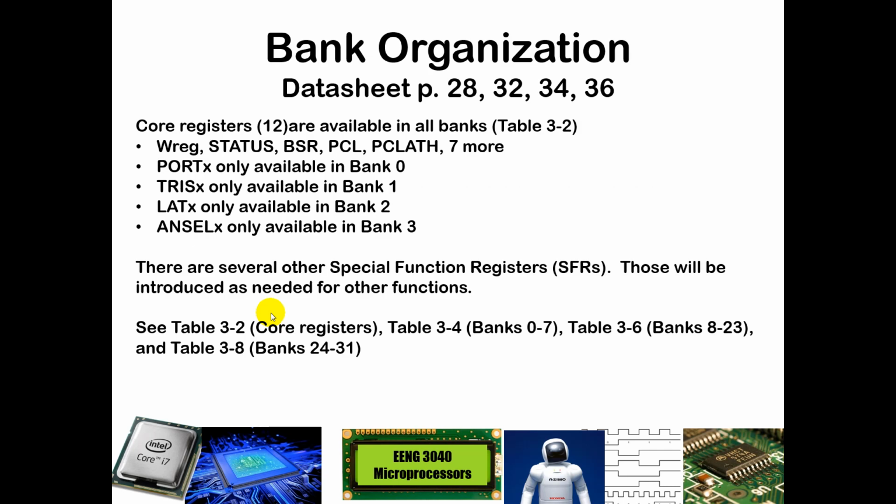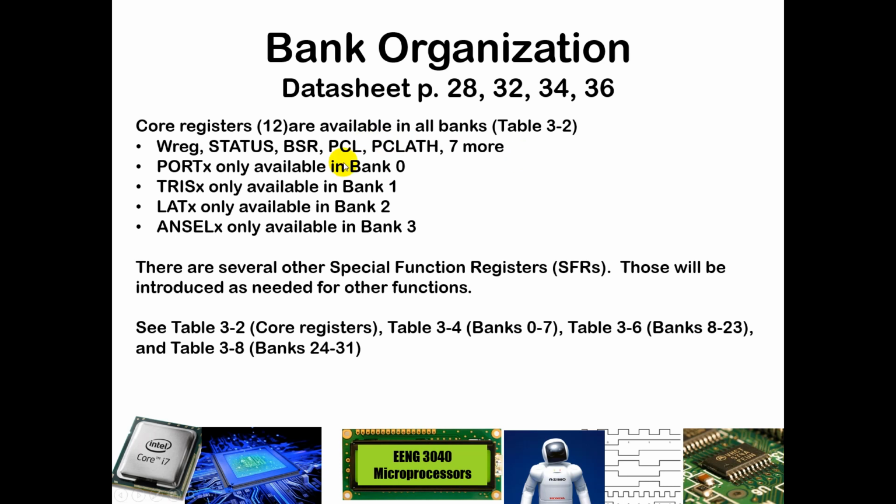So just to get an idea of the bank organization, if you read through the data sheet, there's several pages that are associated with this, 28, 32, 34, and 36. They showcase the 12 core registers that are included here. These are specific registers that are available in all of them. We didn't talk about 7 others, but you can actually see them in table 3-2.